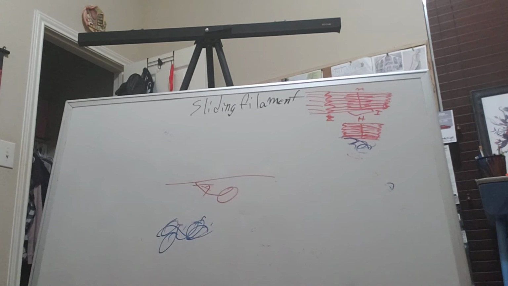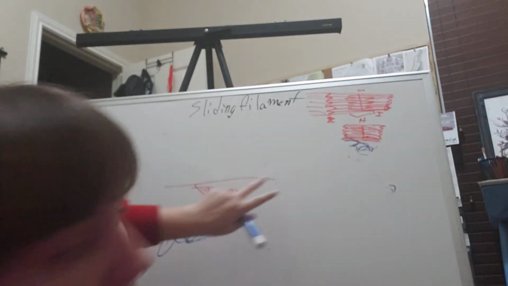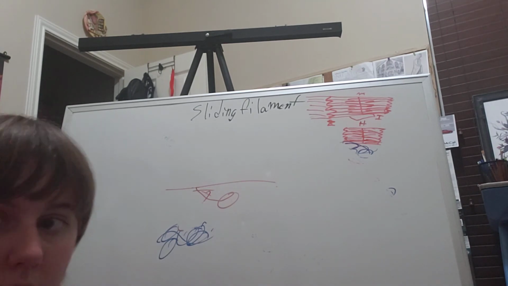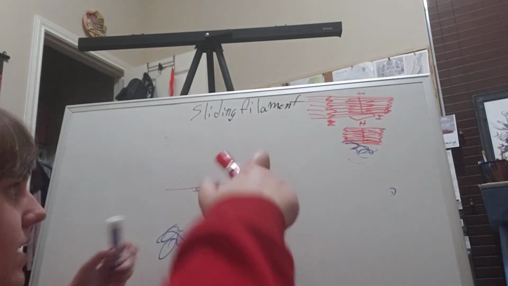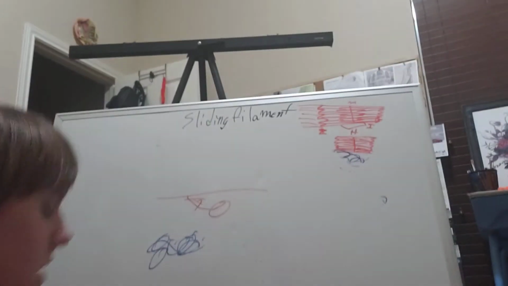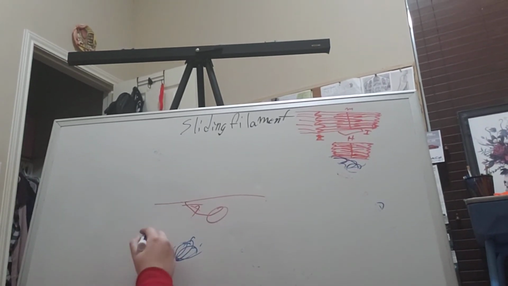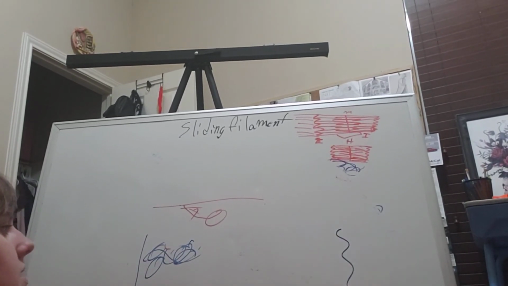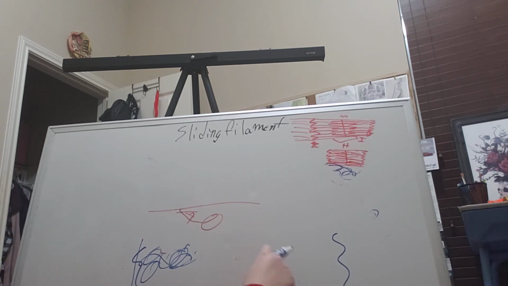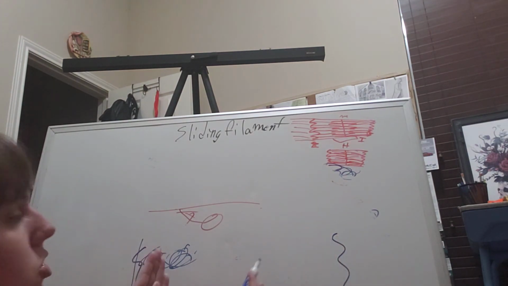And now what does that look like? That looks like this. All of the little golf club heads in the thick filament are doing that all at once. They're pulling it together. And that pulls the thin filaments, which remember, the thin filaments are attached to the Z discs at the end. So what happens when you pull them all together? Everything shortens. The Z discs come closer together.